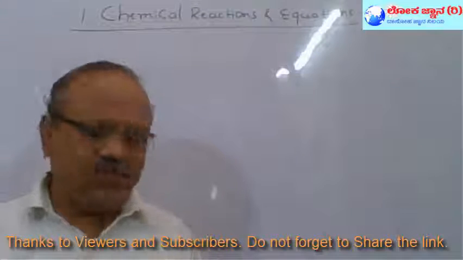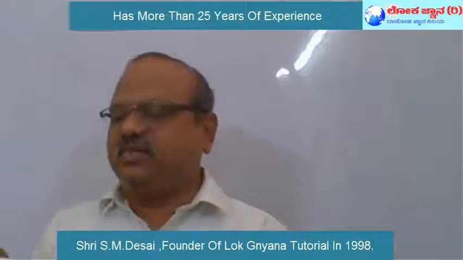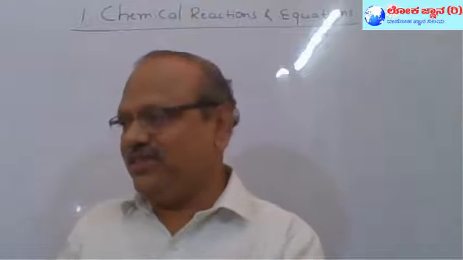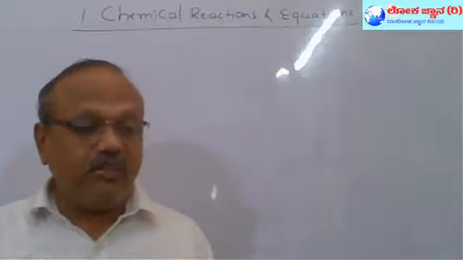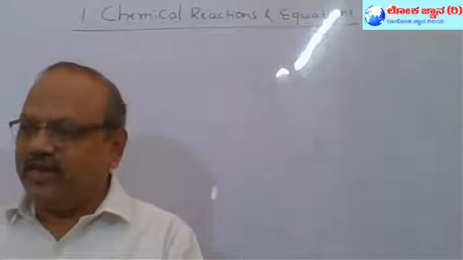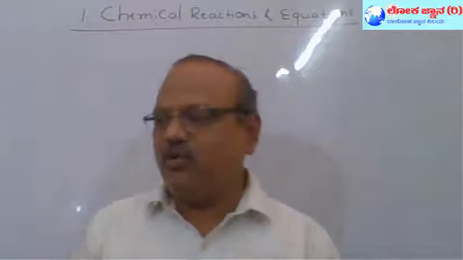If one element displaces another element from its salt solution, it is called a displacement reaction. Then there are oxidation and reduction reactions. Depending upon what type of chemical change occurs during a reaction, reactions are classified into different types. If you learn that much, the chapter will be almost covered.